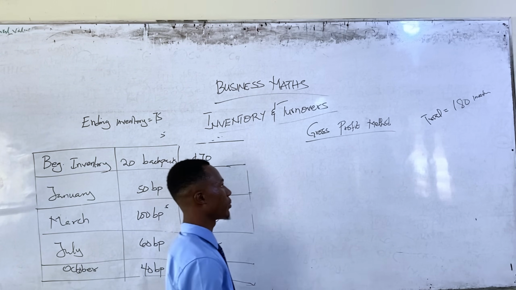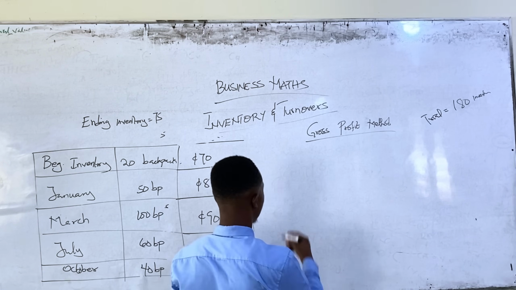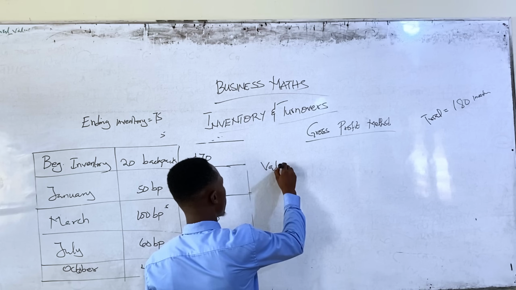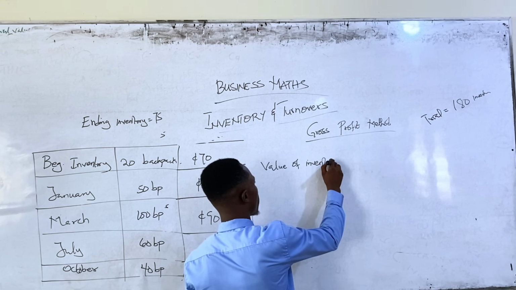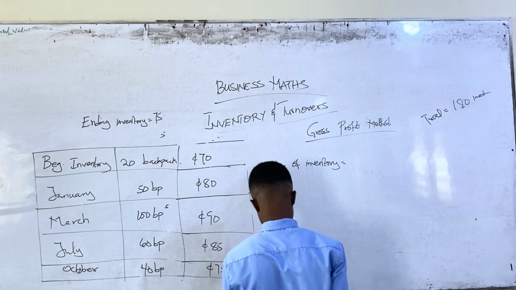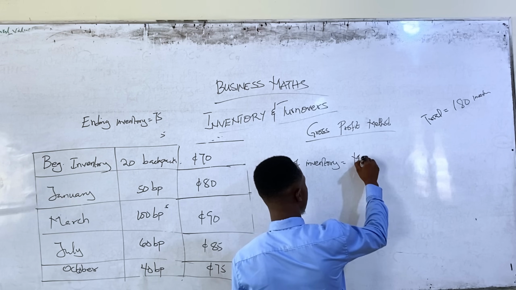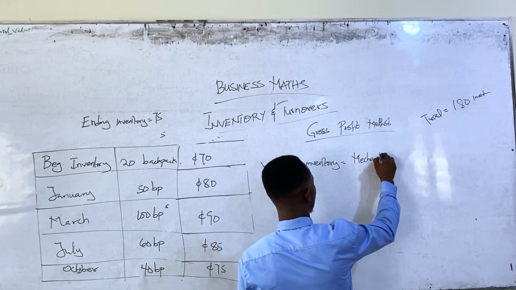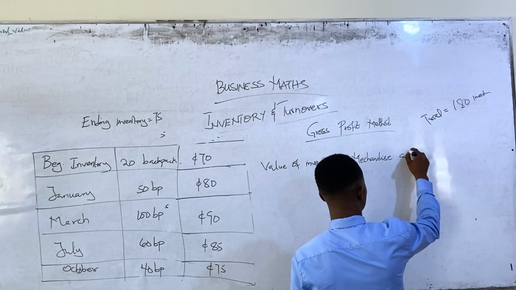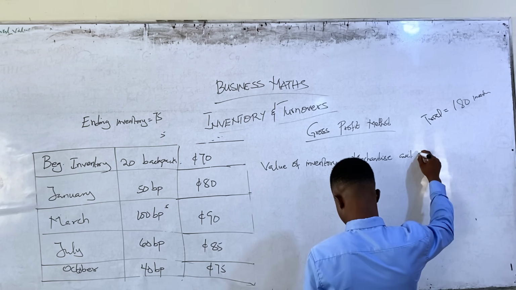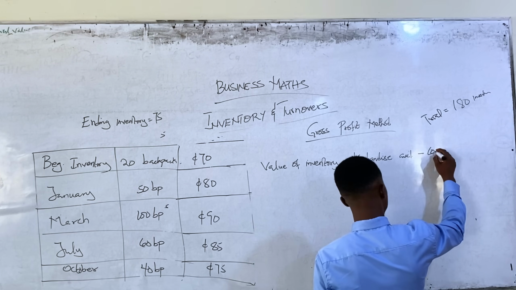So for the gross profit method, before you get the ending inventory or the value of inventory, that one goes with a little bit of formula, right? It is equal to your merchandise available minus your cost of goods sold.